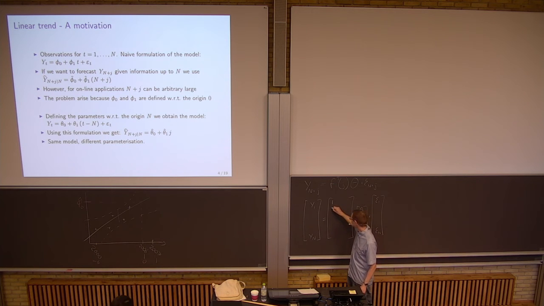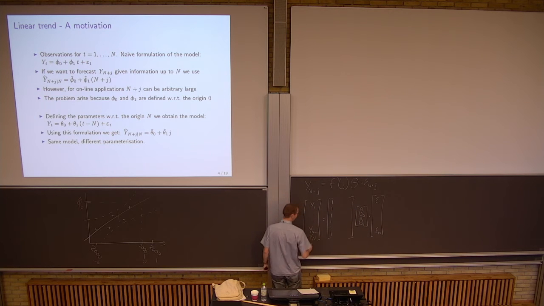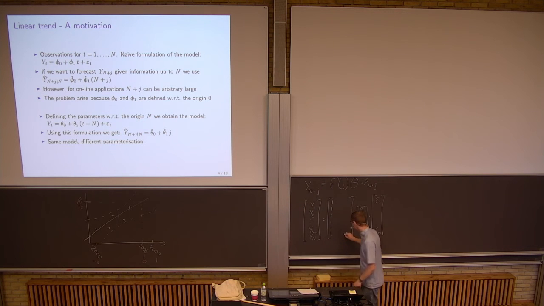A column of ones, yes, and then say a column of time steps. And of course, that is correct, but what should I have down here? Which number? 0, exactly. So everything is relative.